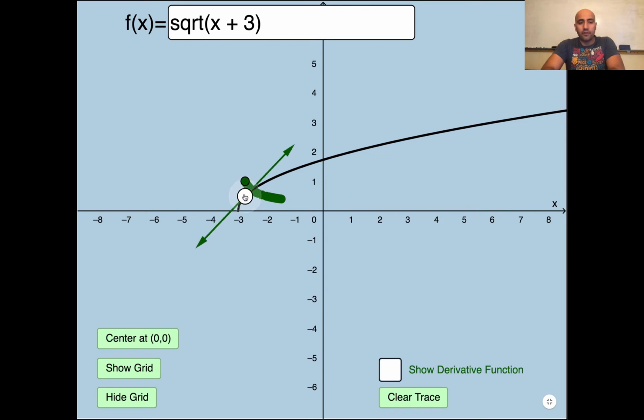As I go a little bit more, the angle is still positive, and it's a much steeper positive angle. That's why this is climbing. I go more and more, and it gets more and more steep, right? So it's easy to see where this is heading. This is getting infinitely close to a vertical line, but it's never going to quite reach a vertical line.